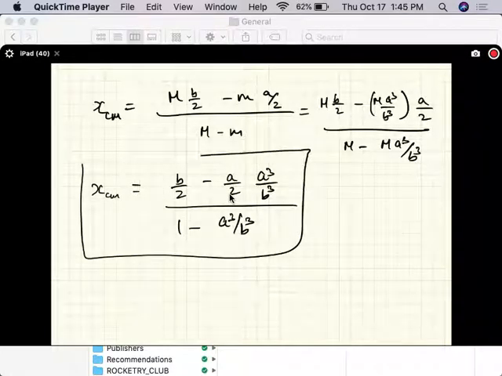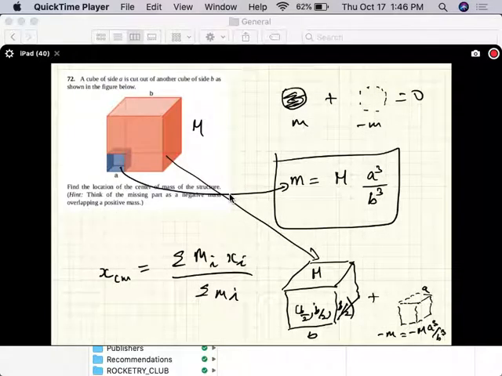But let me point out something. Let's see if it has the right limits. So let's go to this diagram. In the limit A going to 0, this would be 0. The center of mass of that object would be just at B by 2. Everybody understand that?